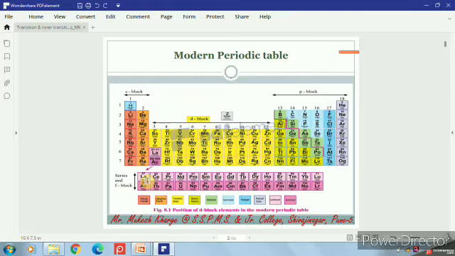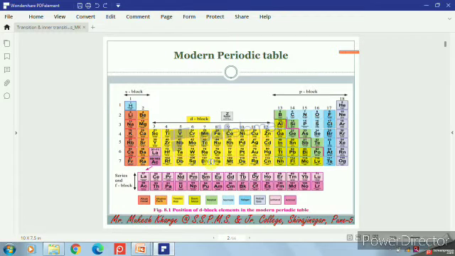Then the general electronic configuration of this d block element: we observe that the last electron enters the (n-1) d orbital. Here 1 electron is entered, and in the last element 10 electrons are entered in the (n-1) d orbital, while the s orbital of that particular period is completely filled.